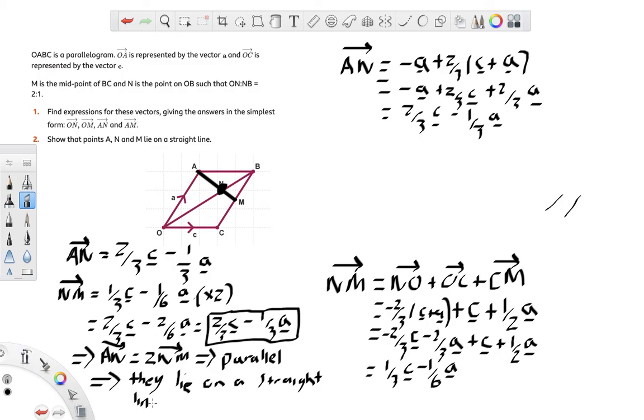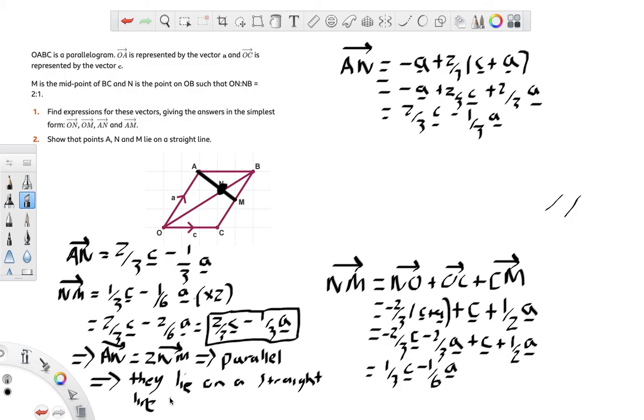So to recap, why is that? Well, we looked at the vectors for A to N, and we looked at the vectors for N to M. Then we got, for A to N, 2/3 of C minus 1/3 of A, and N to M was 1/3 of C minus 1/6 of A. They're multiples of each other, so 2 lots of N to M is equal to A to N, and if we've got multiples of vectors, then that must mean that they're parallel, and because they both pass through N, well, they actually lie on a straight line.